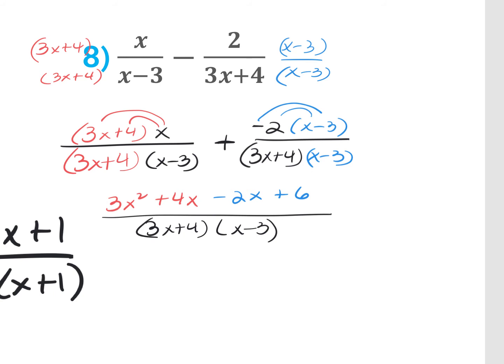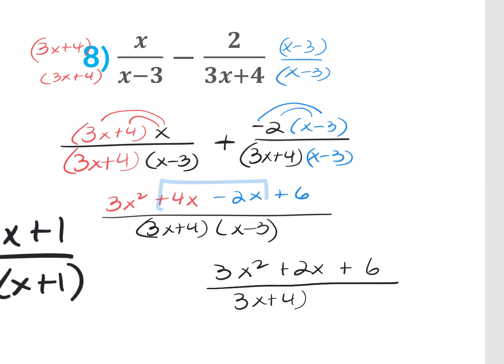So nothing to add to the 3x squared. However, I've got like terms right here with my 2 x's. So 4x minus 2x is just 2x. And then the plus 6. And then it's over this.